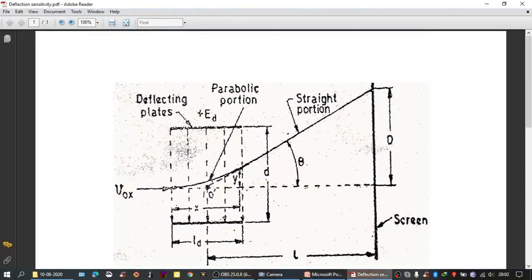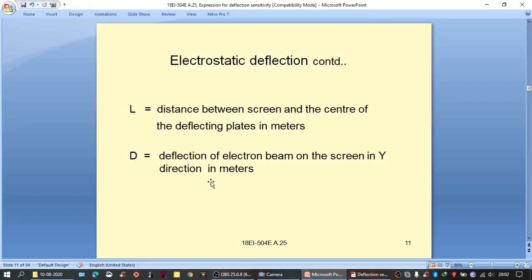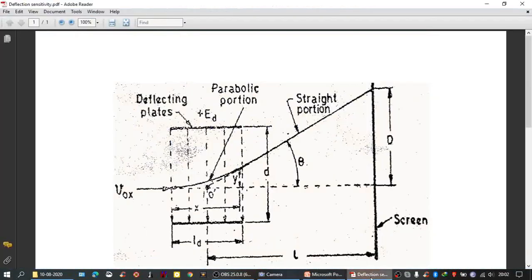Please see here, this is the center of the deflection plates, and from here to the screen, this length is given as capital L, and D is the deflection of the electron beam on the screen in the y direction in meters.